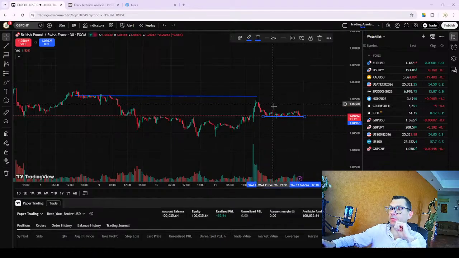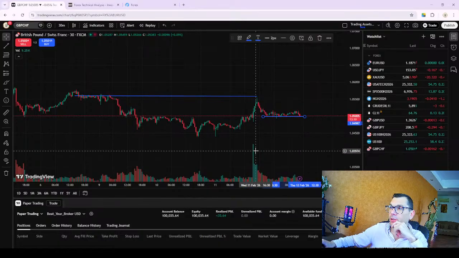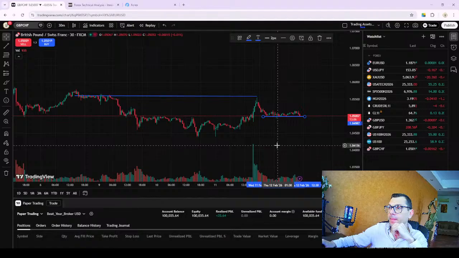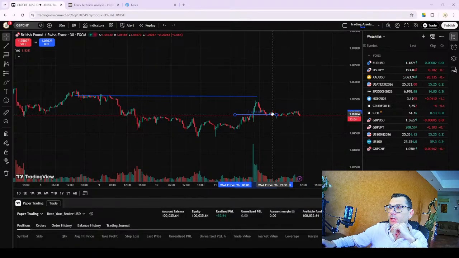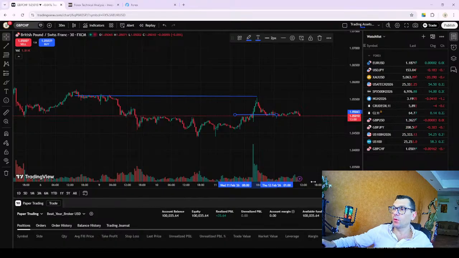Every time it came here, it touched that line and couldn't go lower, and now it's coming back again to this line. It seems to be a very strong support line, and we need to see if it's going to break it and the continuation will follow, or if it's going to rebound again.